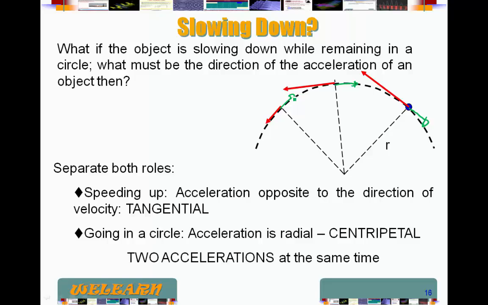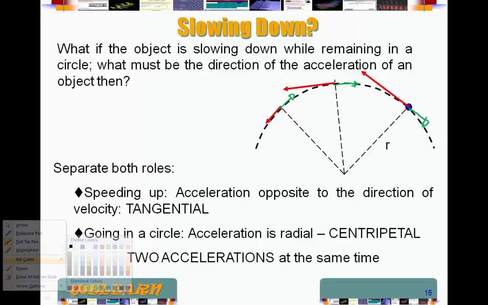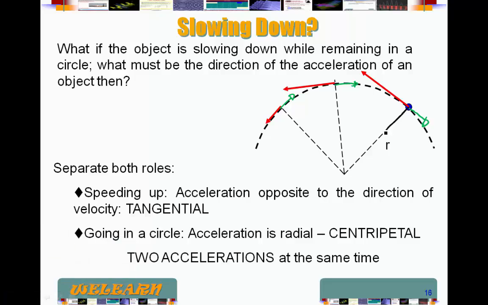Of course, we still have our centripetal acceleration, and in here, if this one is v1, it's going to be v1 squared over r. If this one is v2, it's going to be v2 squared over r. And if this one is v3, it's going to be v3 squared over r.